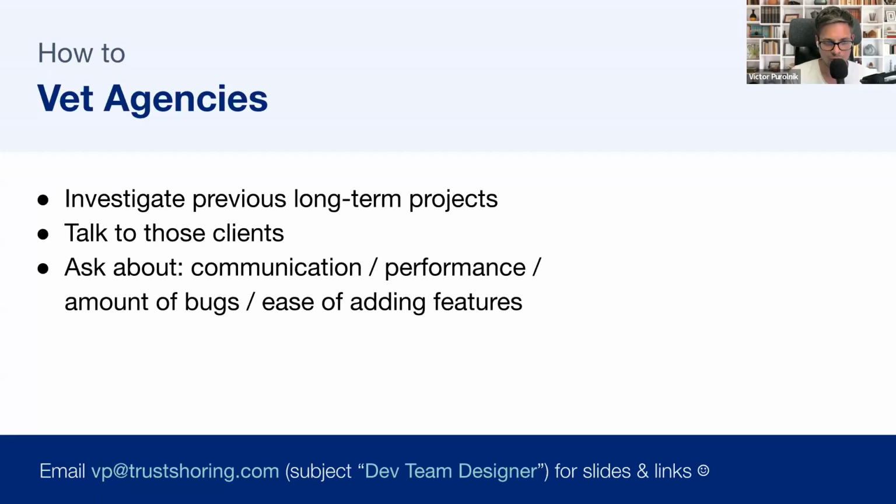So, if that is true for long-term projects, well, they probably know how to do that. So that's how you can judge that as a non-technical person. Then you can talk to those clients and ask those questions, understand what happens. Do you have a lot of bugs? How are timelines going, and everything. So that is how you vet a software house as a non-technical person.